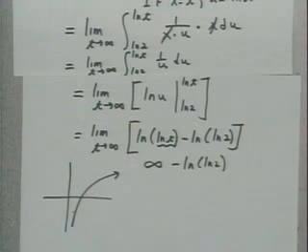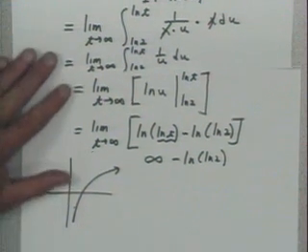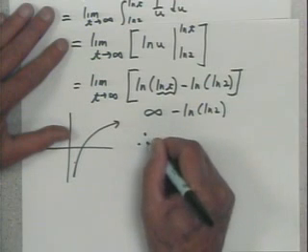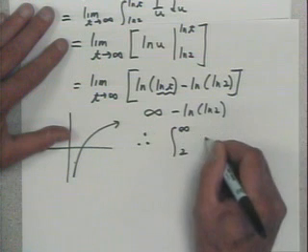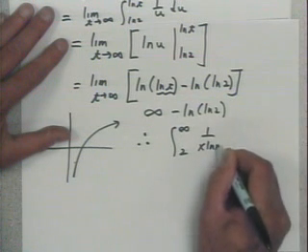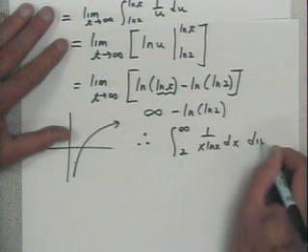Well, if you have infinity in your answer, what happens to that integral? Diverges, yeah. To converge, it has to equal some nice real number. So we say, therefore, the integral from 2 to infinity of 1 over x natural log of x dx diverges.